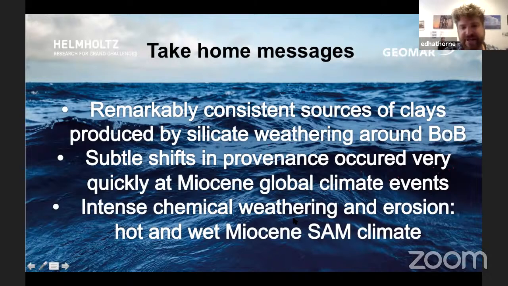It could be that this intense chemical weathering and erosion, the hot and wet Miocene South Asian monsoon, was more all year round, and then as we've come through the global cooling events, we start to have a stronger dry season, and this could also increase erosion and cause this change in the weathering regime we see. Okay, and with that, I'll thank you and take questions.